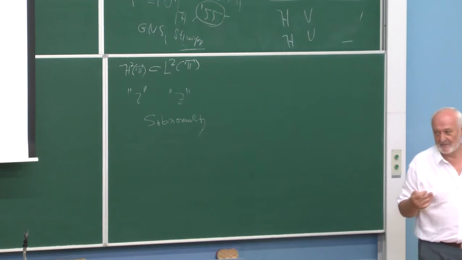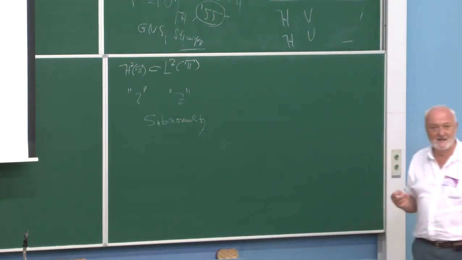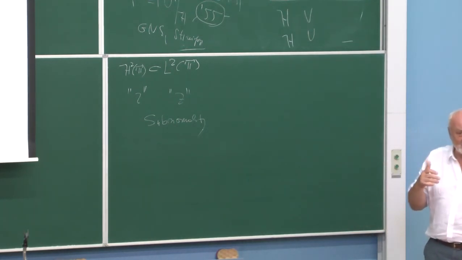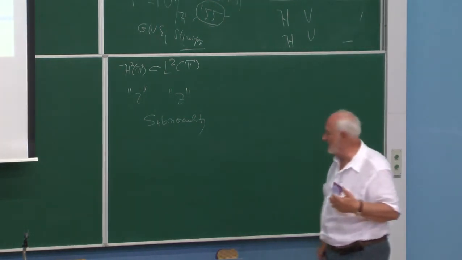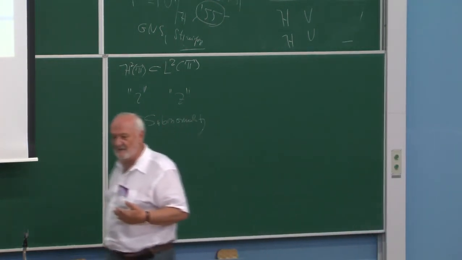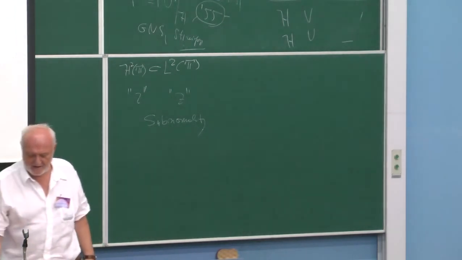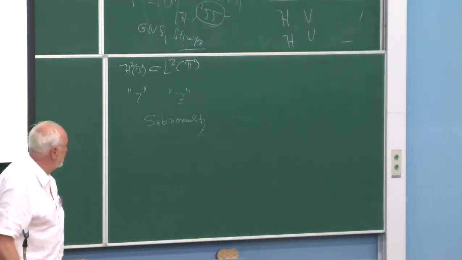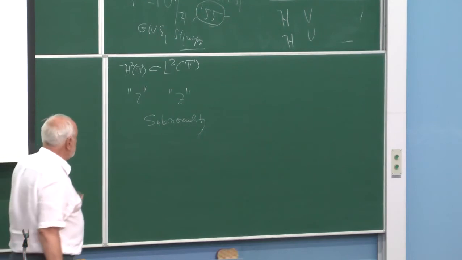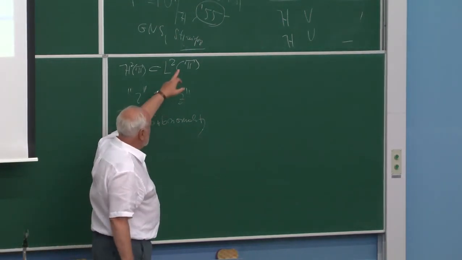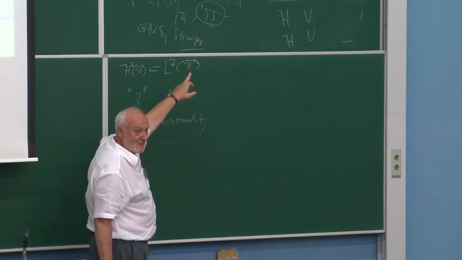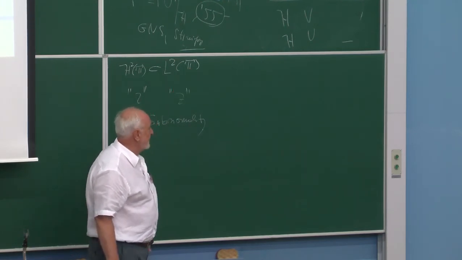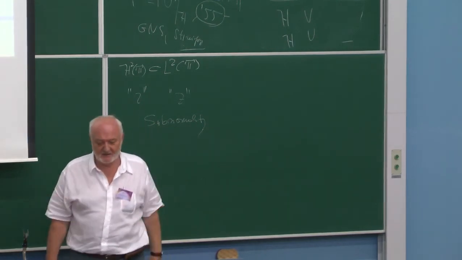If the function is analytic, then you get the result for your subnormal operator. So it turns out that subnormality fits in here also. So this is one side of the historical picture.